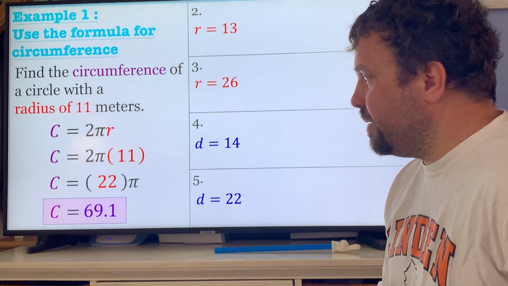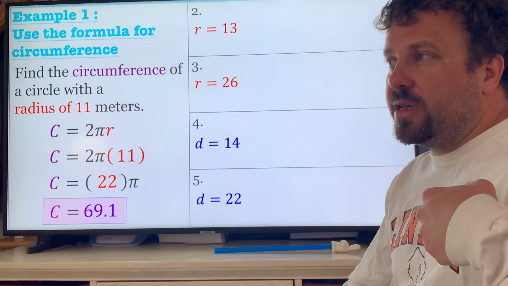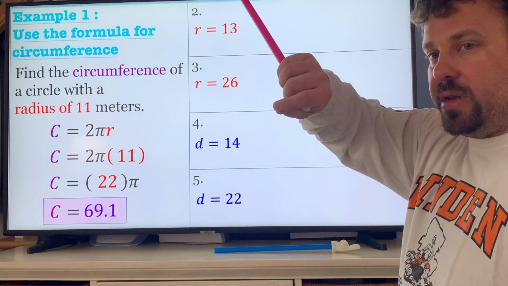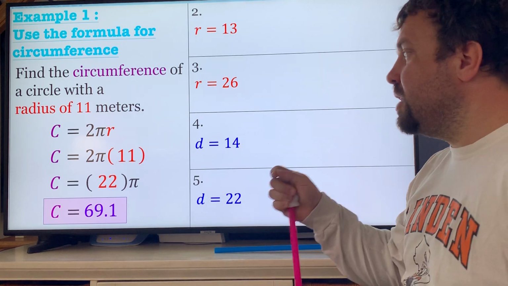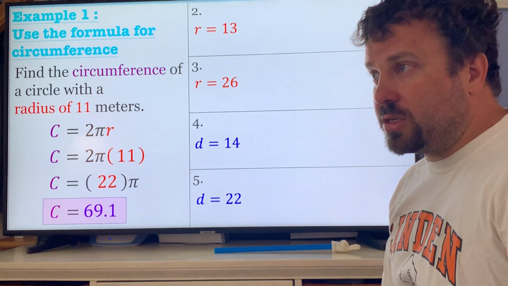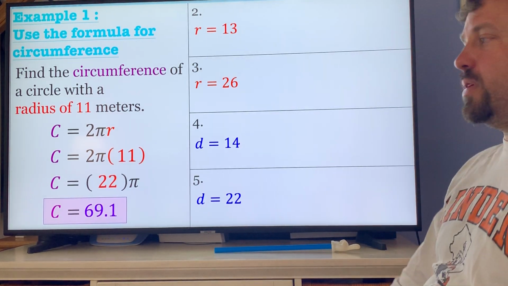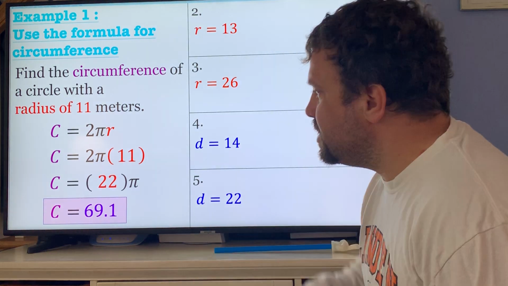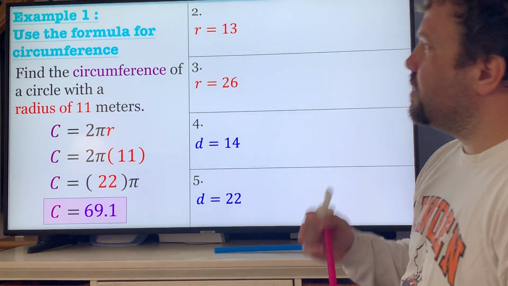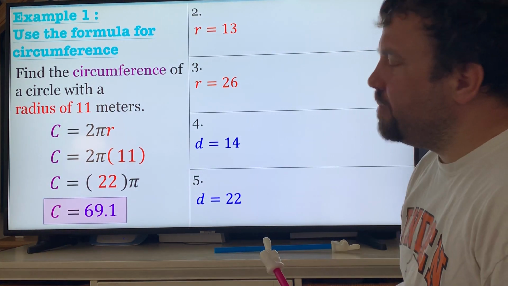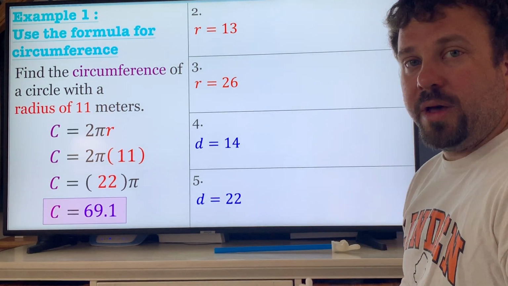You can use the calculator on your phone. If you want to use that pi button, if you have an iPhone, you turn it horizontally. If you want to use Desmos, that's a good calculator place, or the graphing calculator as well. 69.1. Now I want you guys to try problems 2 and 3, and 4 and 5 if you want to go ahead.